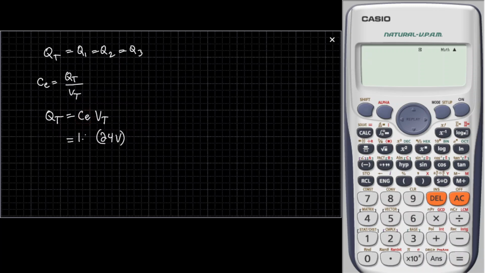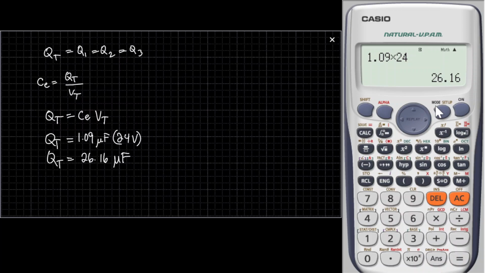So 1.09 microfarad. So that's your QT. Therefore, your charge would be equal to, plugging in our calculator, 1.09 times 24 volts. That's 26.16 microfarad.